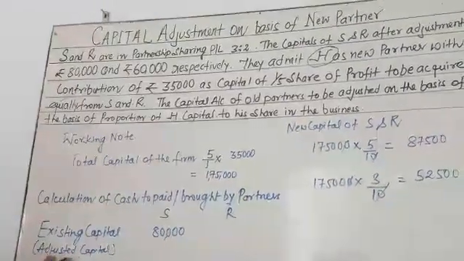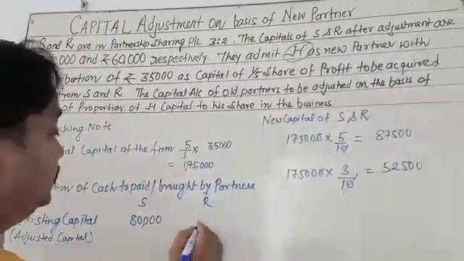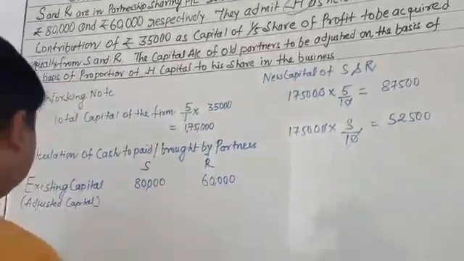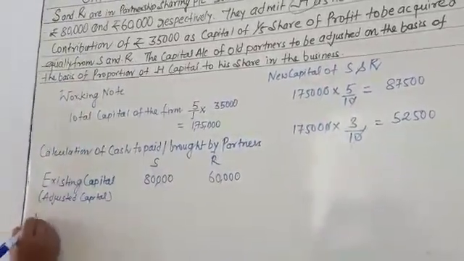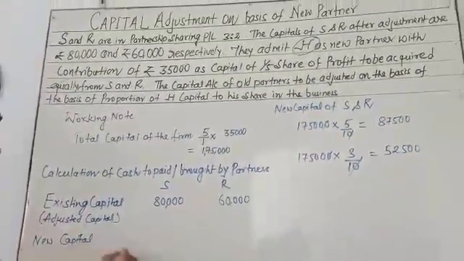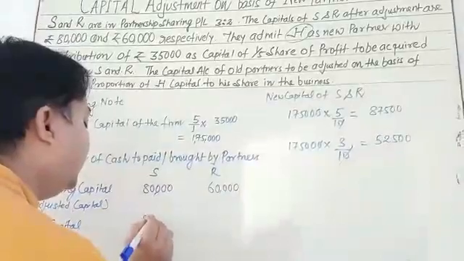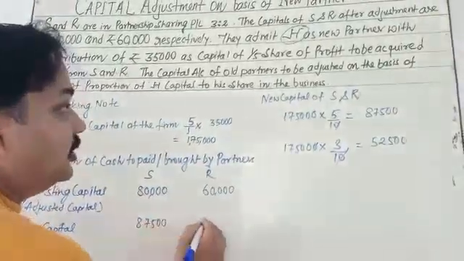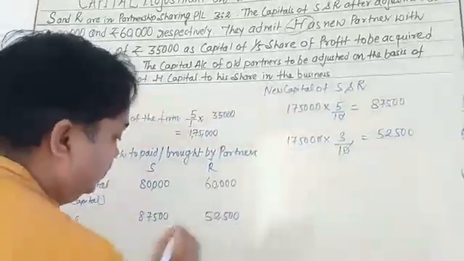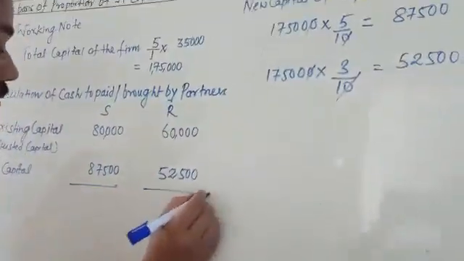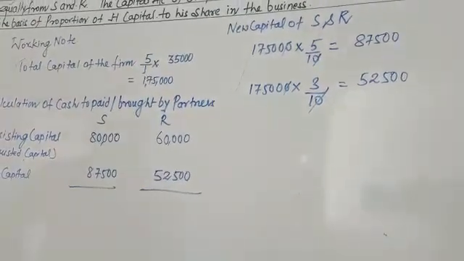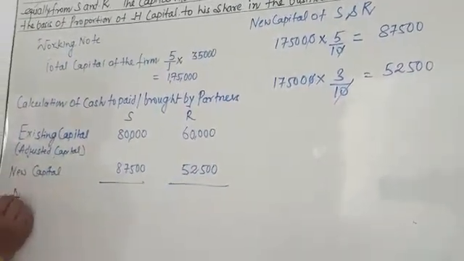In a long question you have to calculate it, and adjusted capital of R is 60,000. Okay, it is correct. Now you have to write the new capital. What is the new capital? The new capital is 87,500 and R's capital is 52,500. In this situation, you calculate the difference.